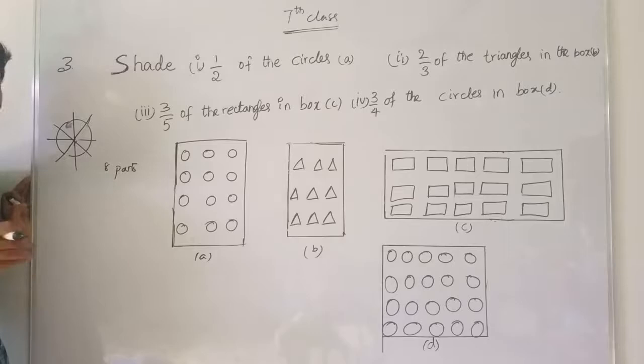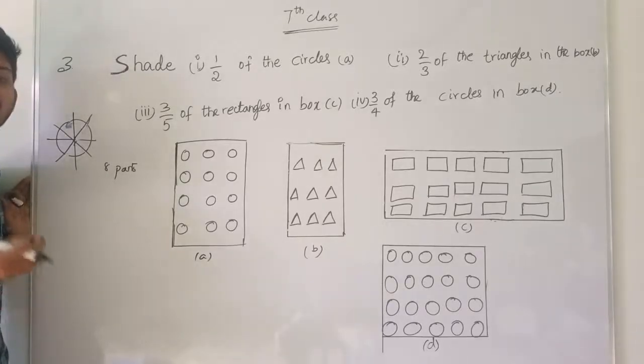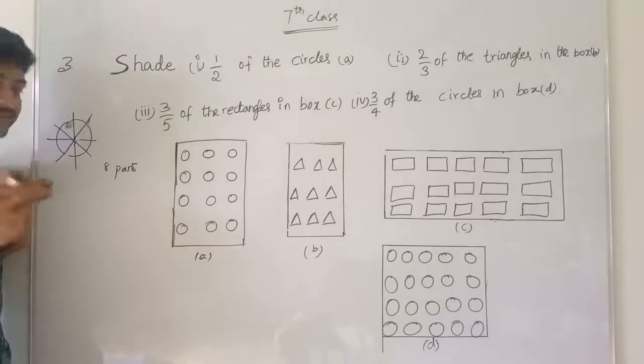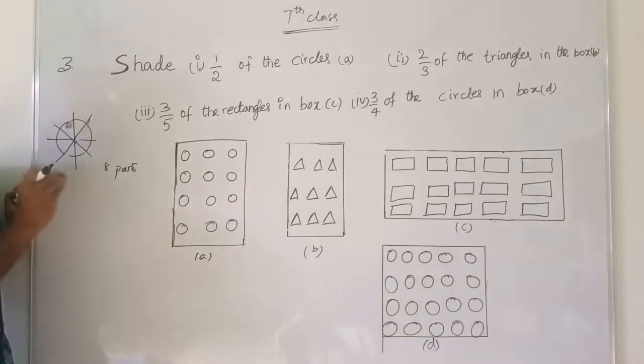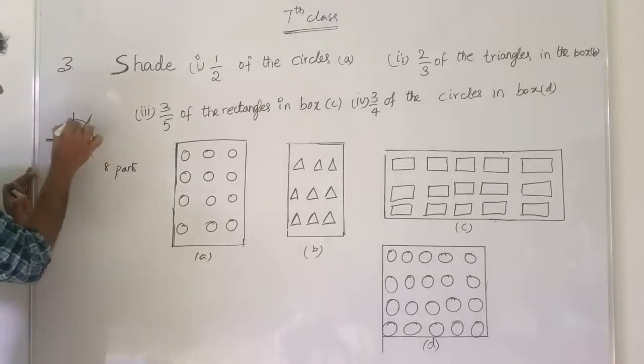Now I am giving my brother 3/8 of the cake. What does 3/8 of the cake mean? First, half of the cake means this is the half part of the cake.